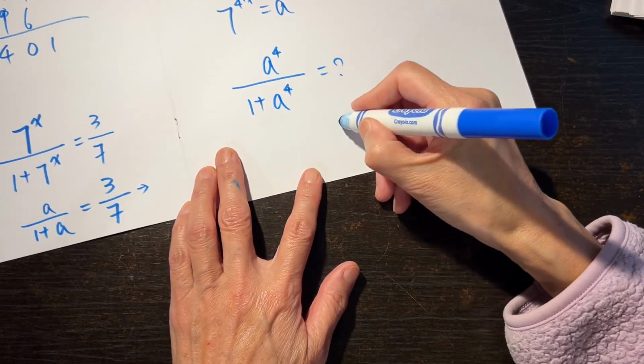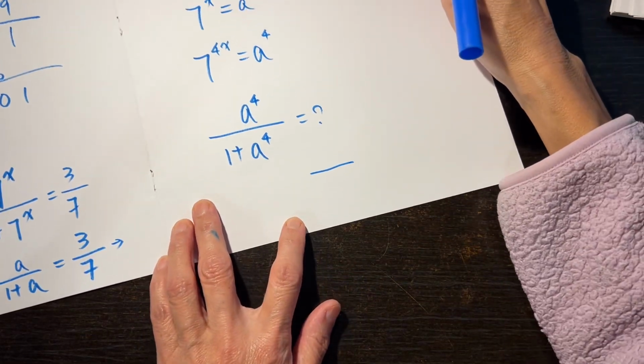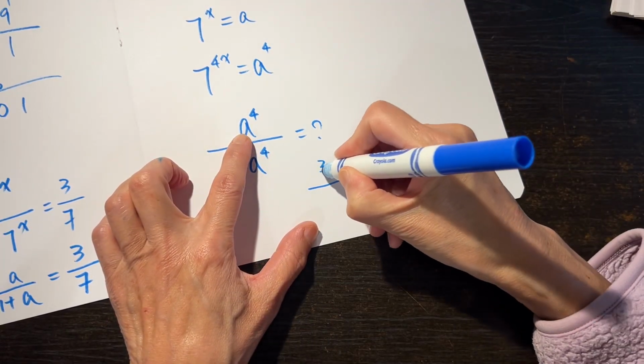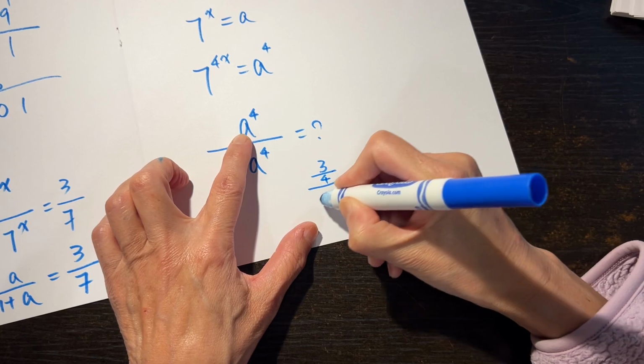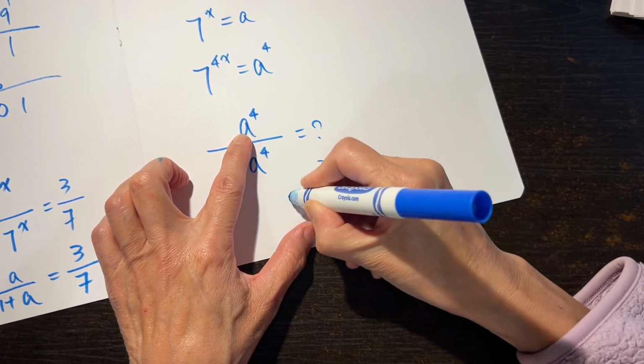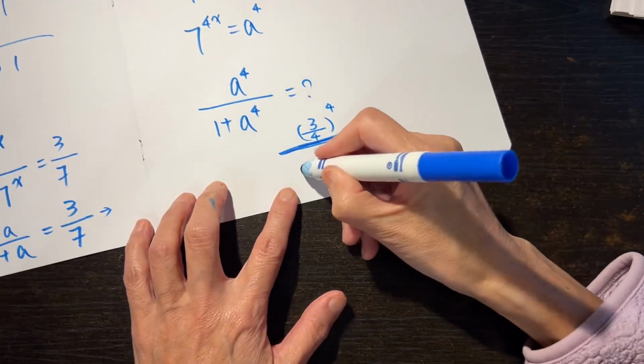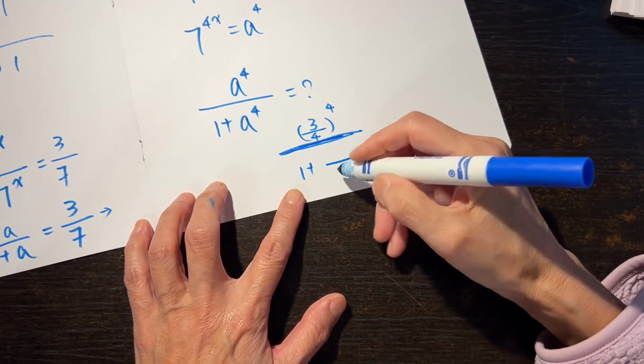So a is 3 over 4, to the power of 4, over 1 plus the same.